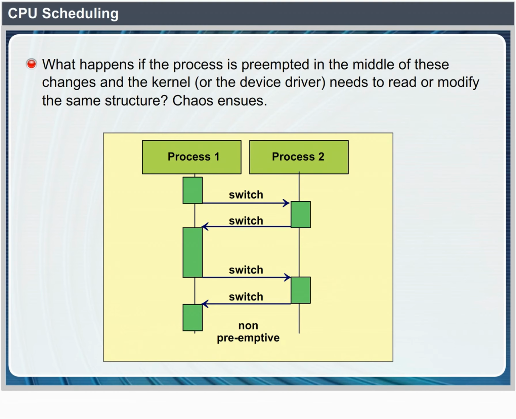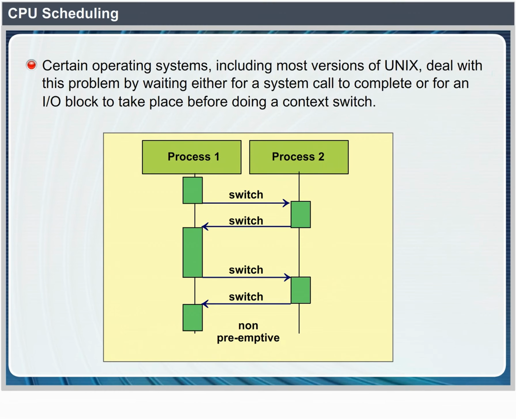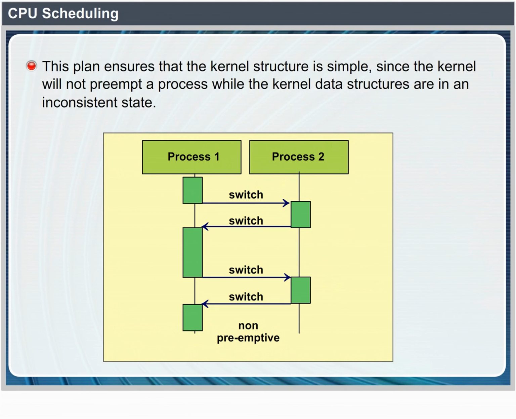Chaos ensues. Certain operating systems, including most versions of Unix, deal with this problem by waiting either for a system call to complete or for an input-output block to take place before doing a context switch. The scheme ensures that the kernel structure is simple, since the kernel will not preempt a process while the kernel data structures are in an inconsistent state.